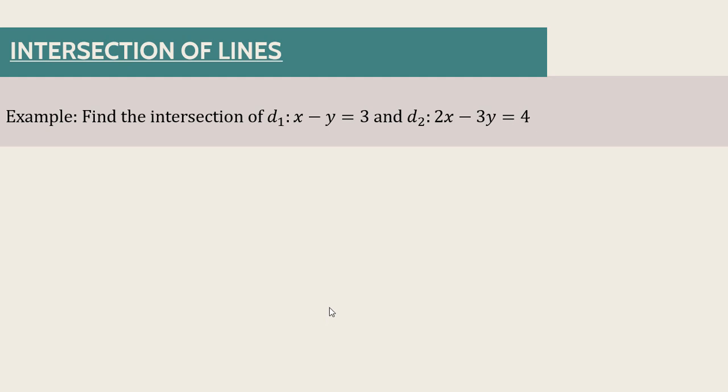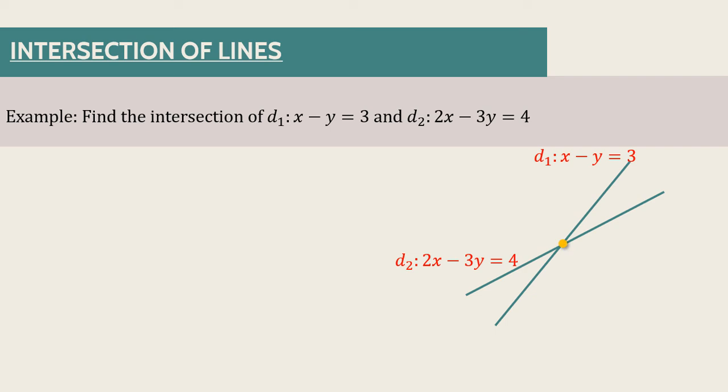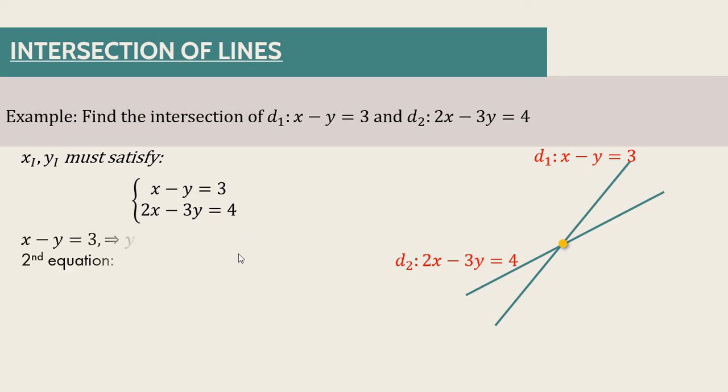Now let's come to an example. Find the intersection of d1: x minus y equals 3 and d2: 2x minus 3y equals 4. The x and y coordinates of the point I must satisfy x minus y equals 3 and 2x minus 3y equals 4.